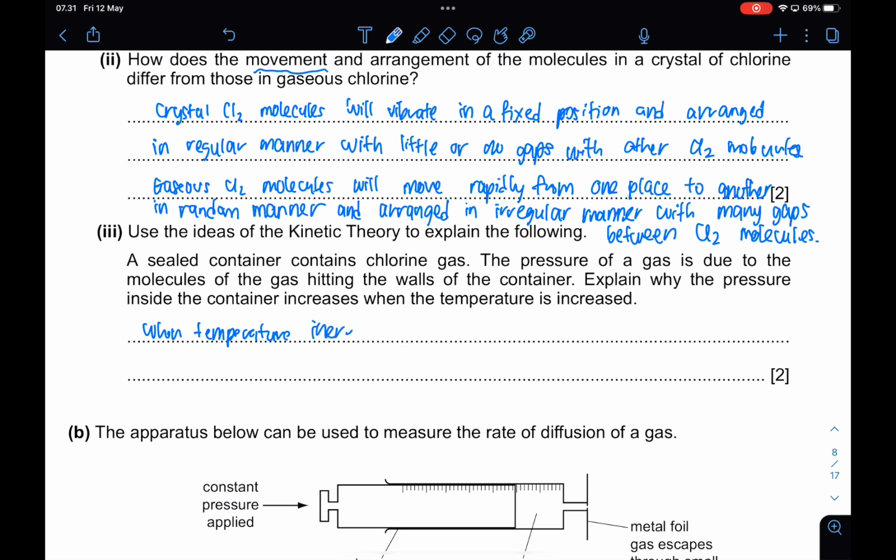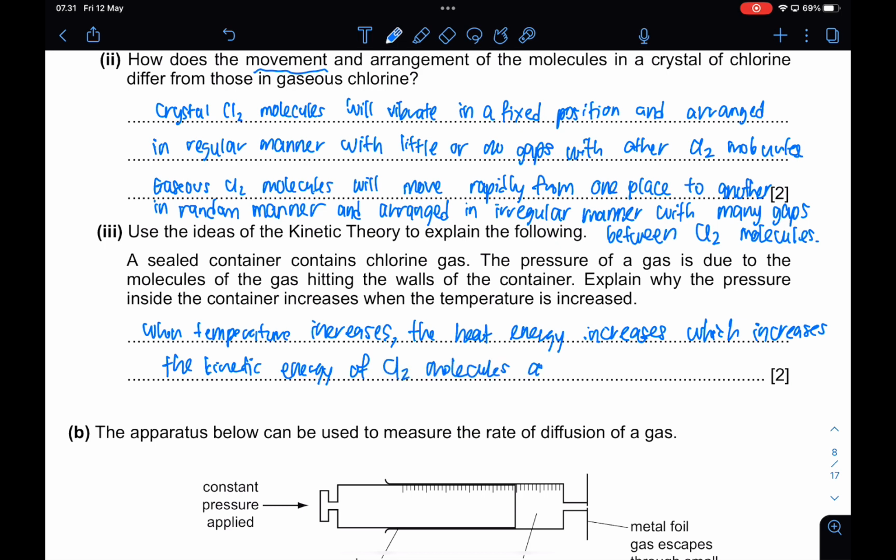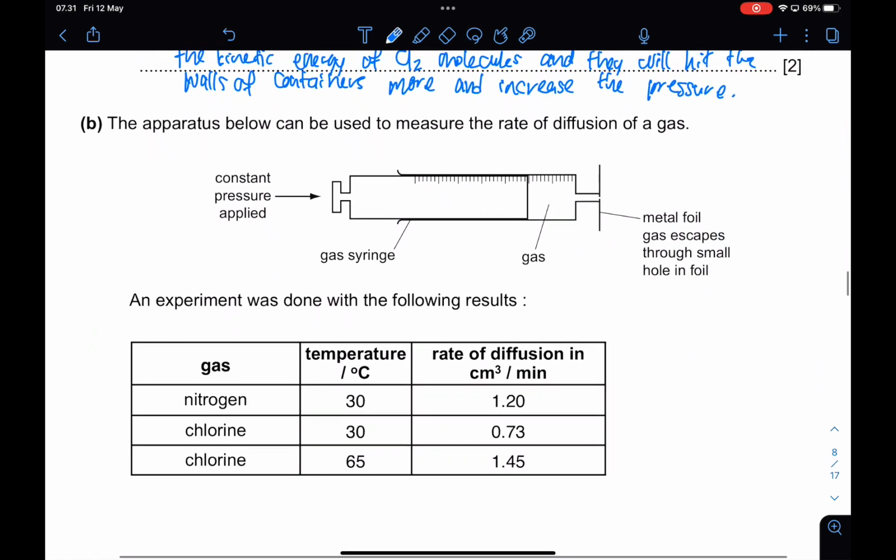So you need to say: when temperature is increased, the heat energy increases, which increases the kinetic energy of Cl2 molecules, and they will hit the wall of the container more and increase the pressure.